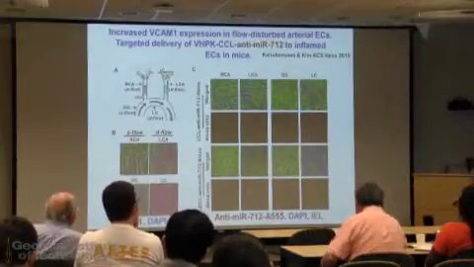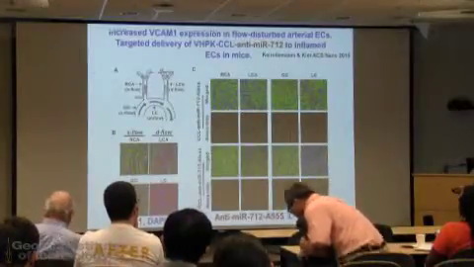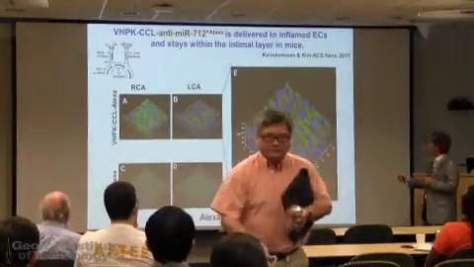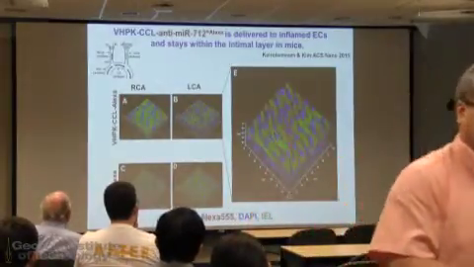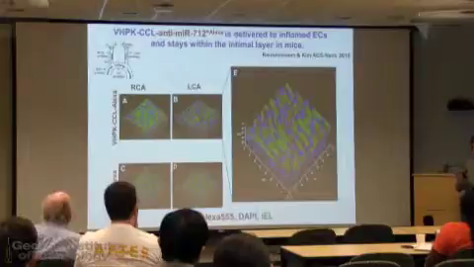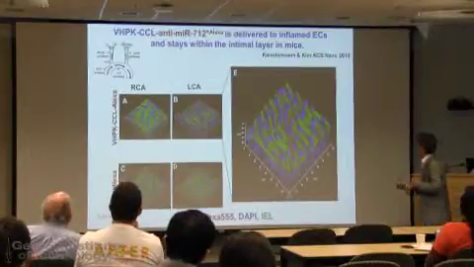So our targeting strategy is very specific, and it binds to the endothelial surface. We were surprised that this nanoparticle binds to endothelium and gets inside the endothelial cells, but goes no further. We don't know why, but it gets stuck in the endothelial layer.